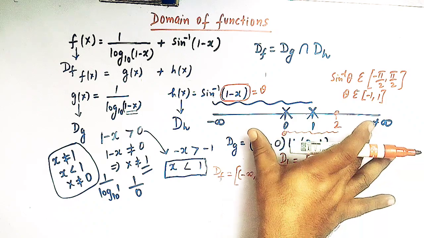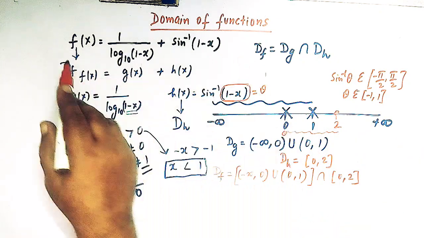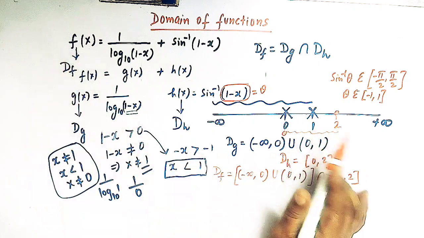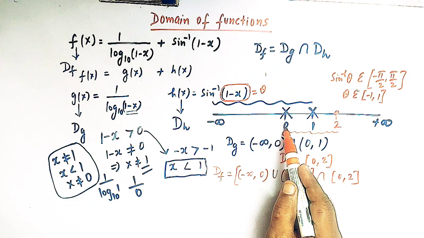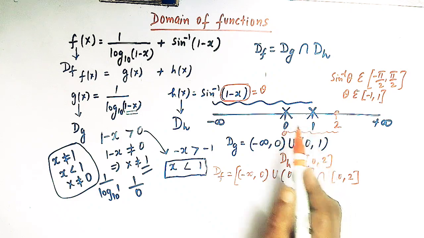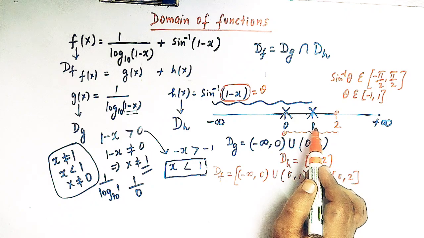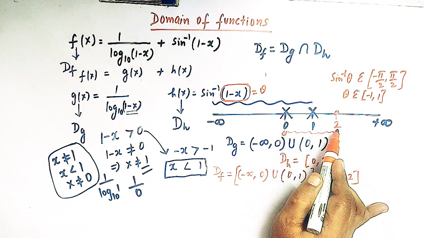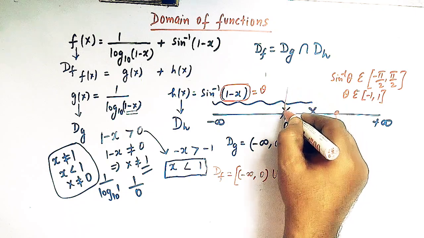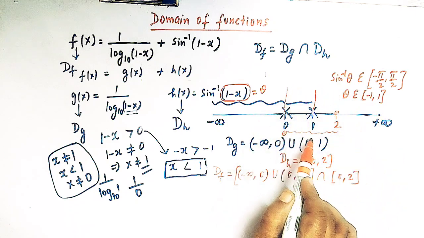And from this real number line we can easily conclude the domain of the function f. Now see here, the common region is given by only 0 to 1. Because here we have minus infinity to 1, and then here we have 0 to 2. So only this portion is common to both the domains.